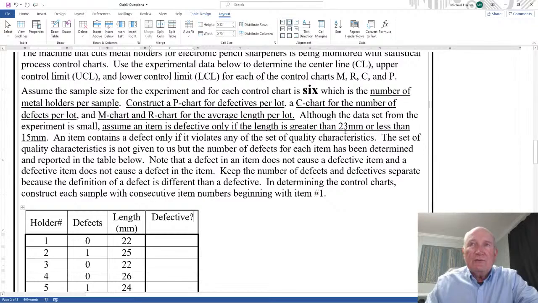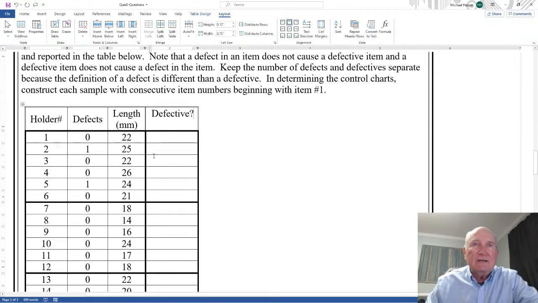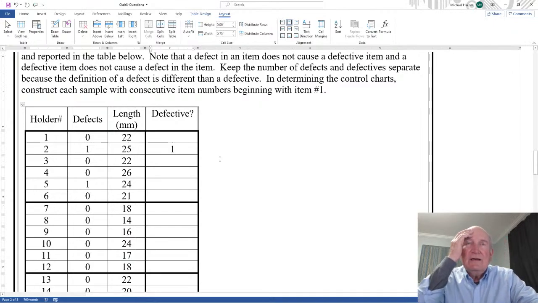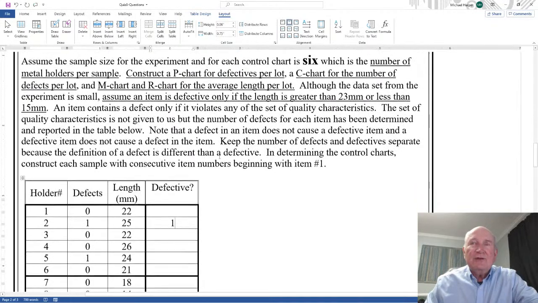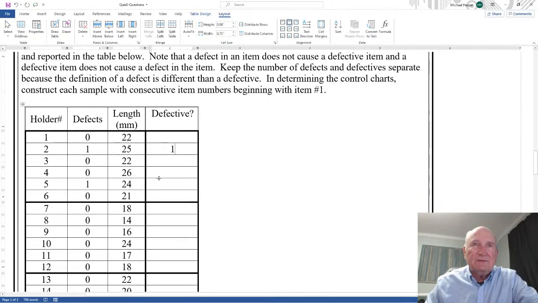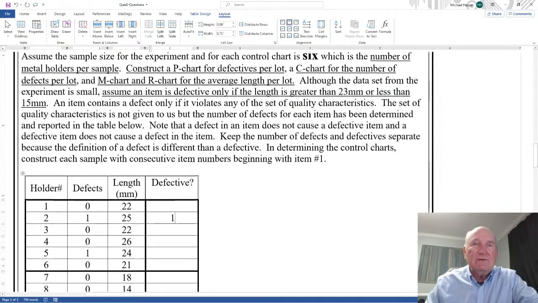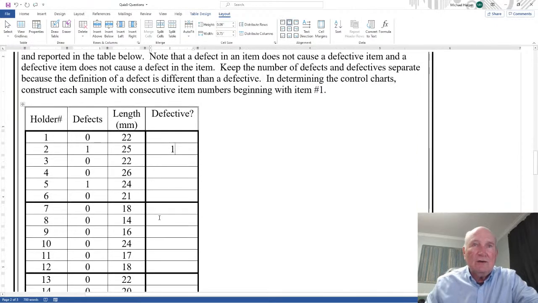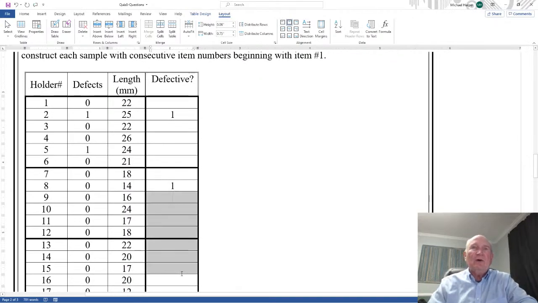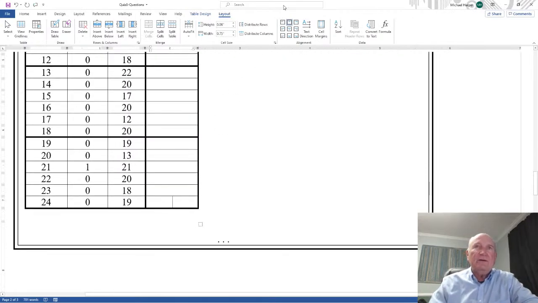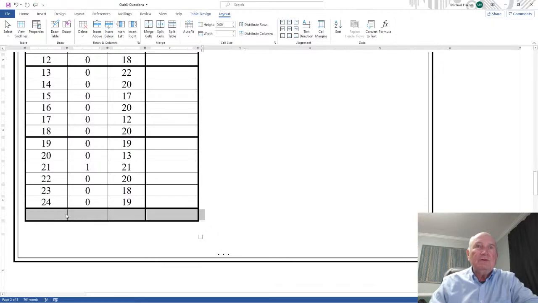Greater than 23, less than 15. That's defective. So you count up the number of defectives, and down here, you sum them.